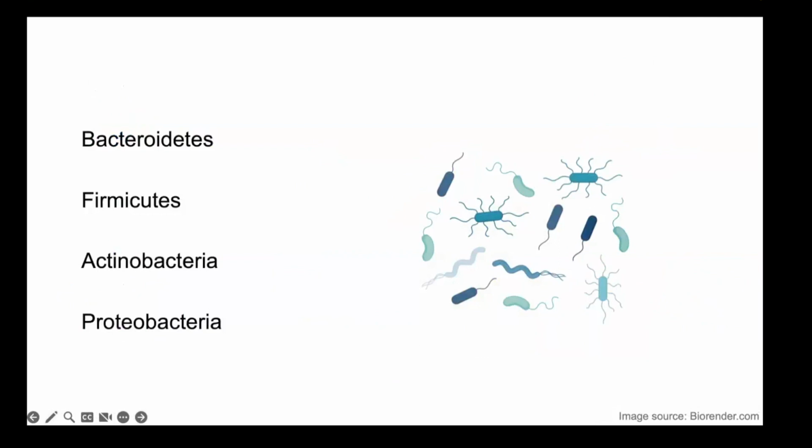But specifically, the Bacteroidetes phylum and the Firmicutes phylum make up over 90% of the GI microbiota. The Firmicutes phylum is highly diverse and includes species in the orders of Lactobacillales and Clostridiales, and these are some of the most commonly used organisms in probiotics and in other emerging microbiome therapeutics.